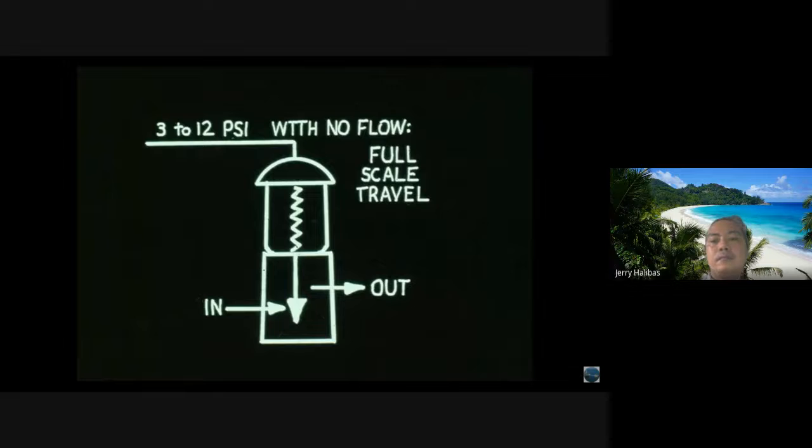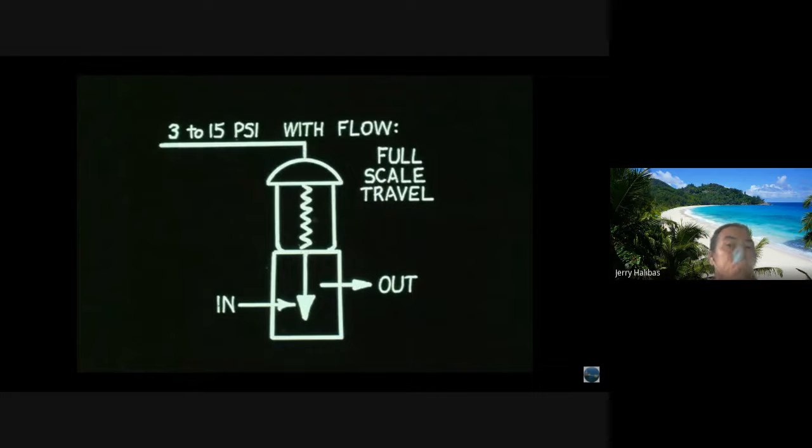For instance, the flow against this plug tends to force it upward, so the actuator spring is designed to take the plug force into consideration. But during a bench calibration, there is no flow to oppose the actuator. Hence the name bench set. To check the stroke of the valve, you might have to apply 3 to 12 psi rather than 3 to 15 psi.